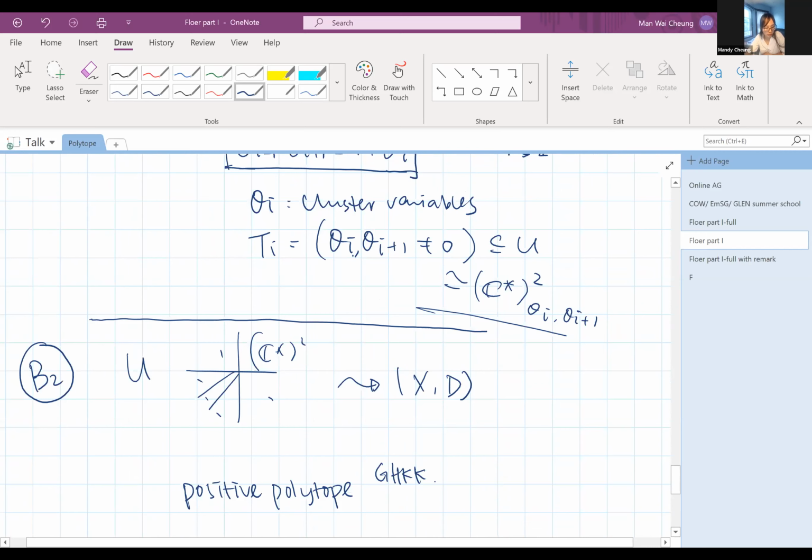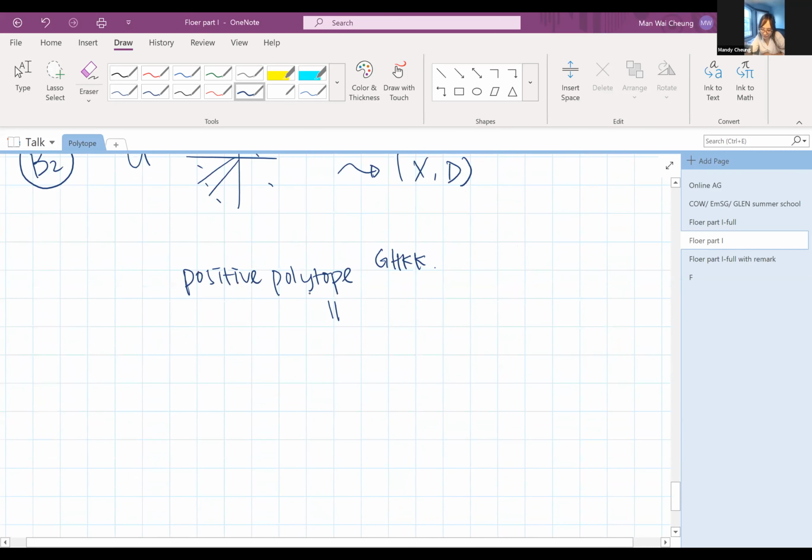When you read the definition, everything is written there, but from my point of view, it's very hard to check whether a polytope is positive or not.